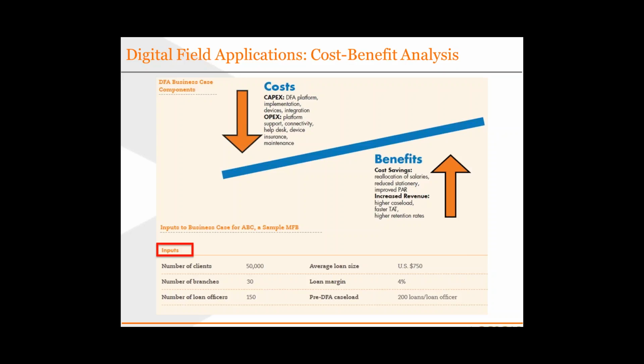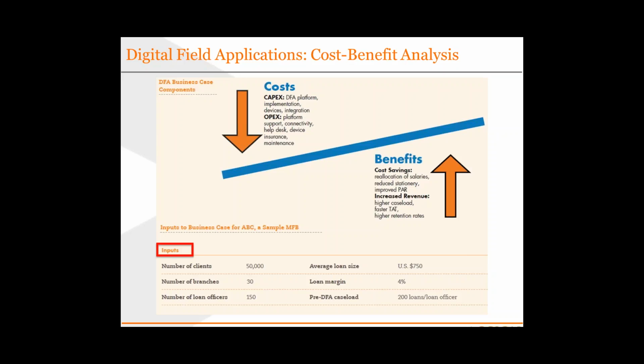On the OpEx side, building in platform support and connectivity, ensuring that a percentage of your help desk time will go to addressing issues with the DFA and making sure that's built into the cost. And then on the benefits side, trying to put numbers behind what it means to reduce data entry staff.